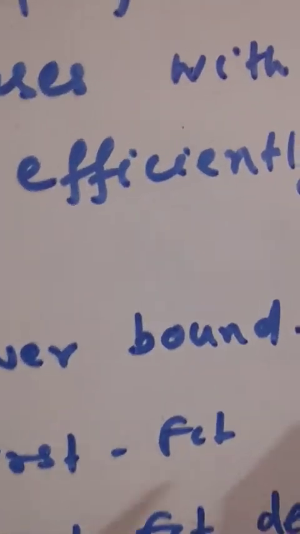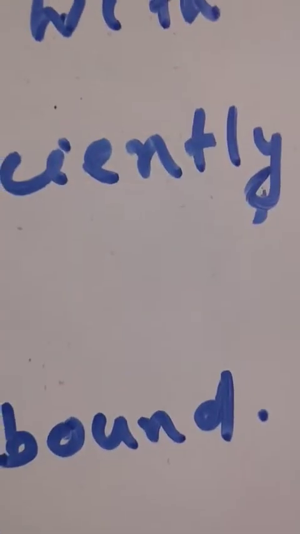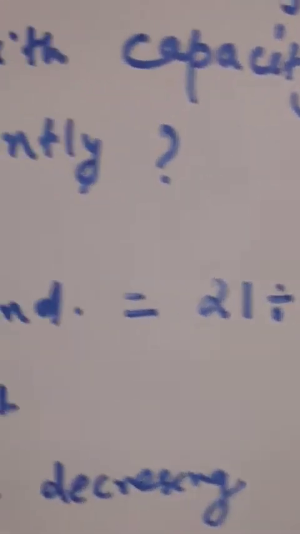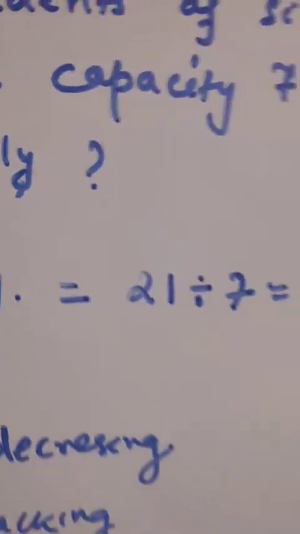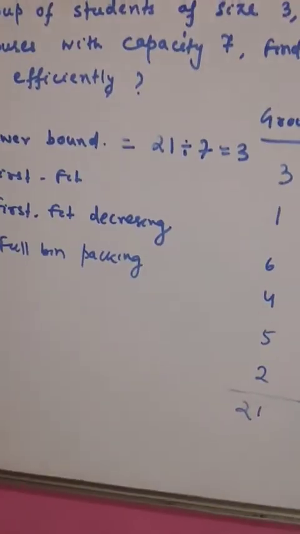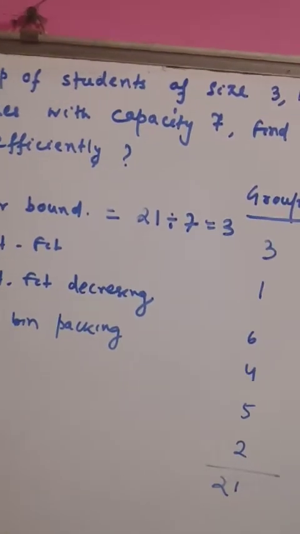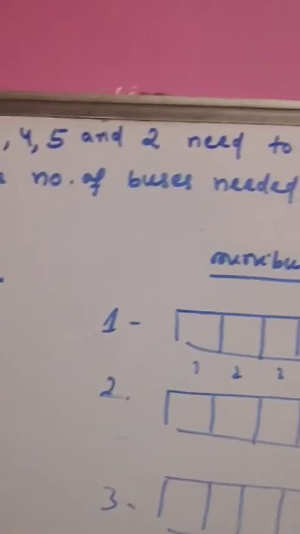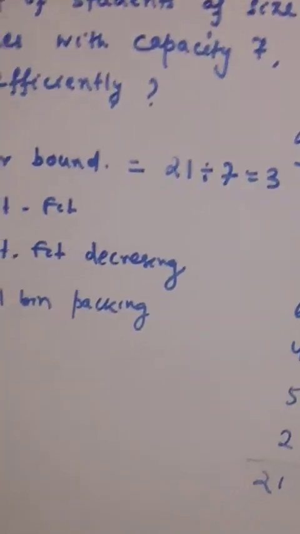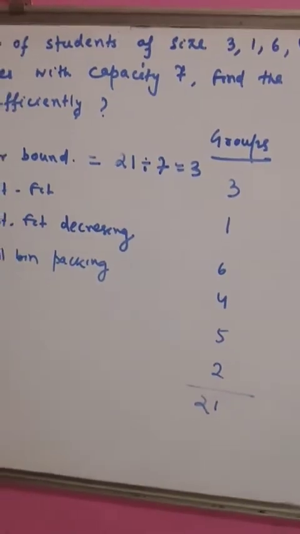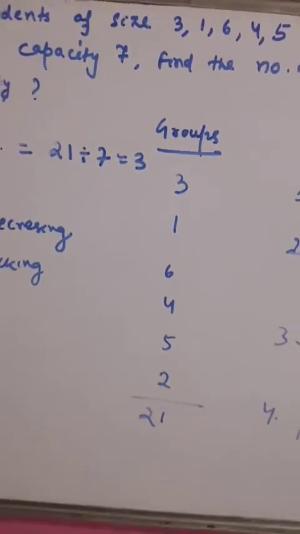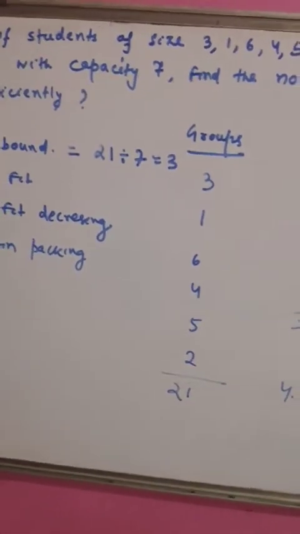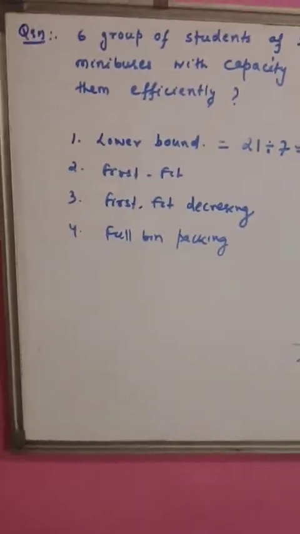So the lower bound is 21 divided by 7, which equals 3. It means the minimum number of buses required is 3. We can have more than that, but we cannot go below that.